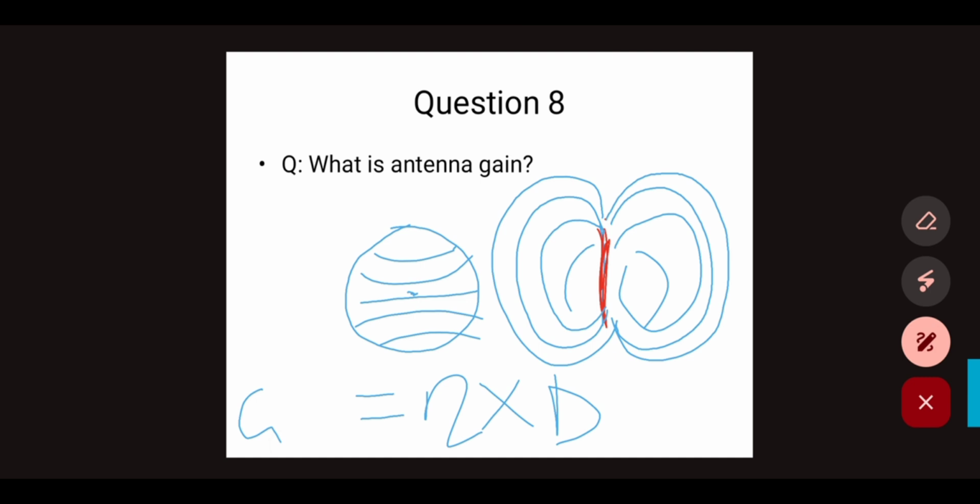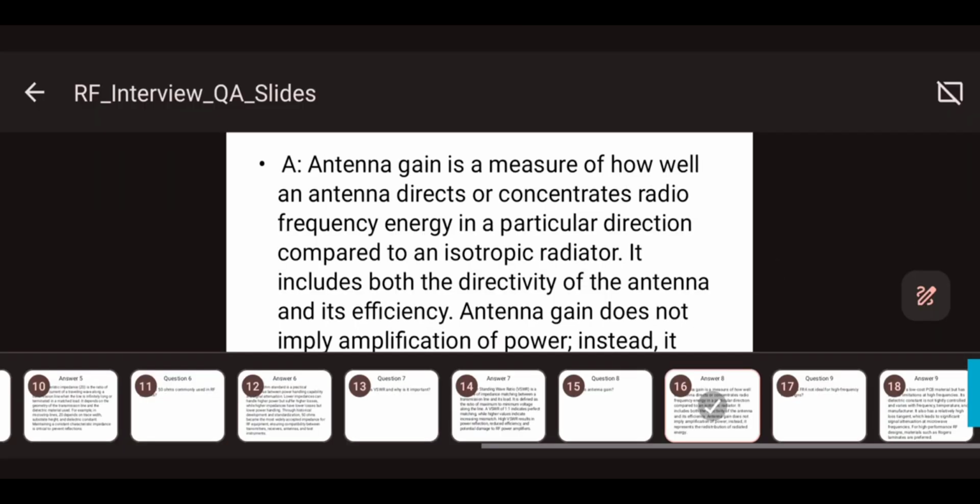That is why many times we can see the antenna gain represented as something like 10 dBi. Sorry, this i is related to the isotropic antenna. That means with respect to the isotropic antenna, it has 10 dB directivity.